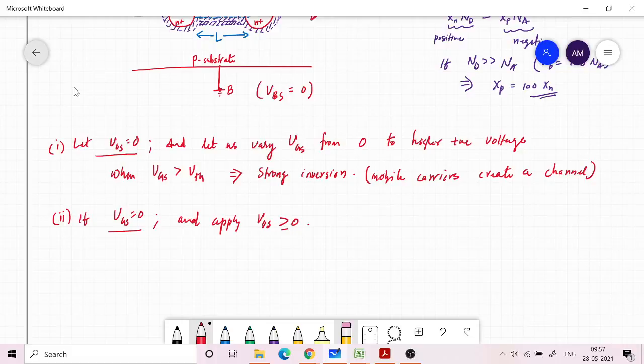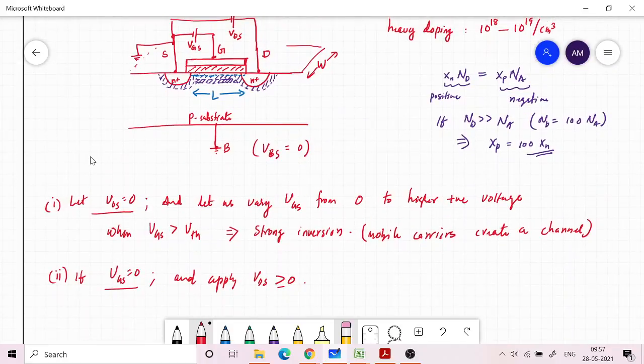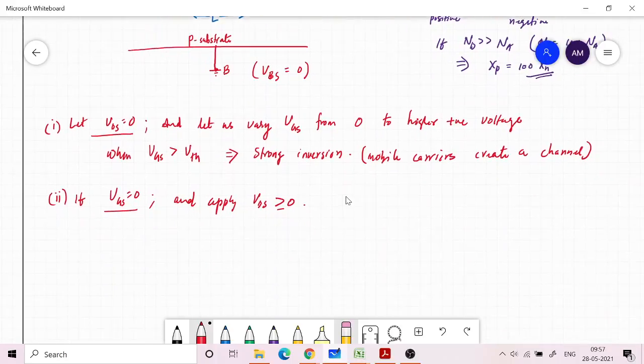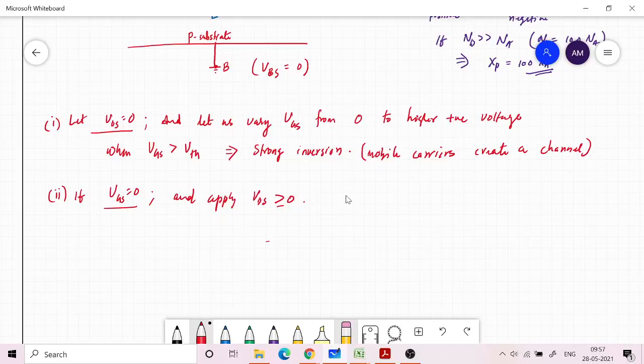Looking again at the schematic diagram, nothing much interesting happens. The reason is that you have a P region between the N plus regions. If I draw just the semiconductor part, you have an N plus region here, another N plus region here, a depletion region surrounding each N plus region like this, and a P region in between.